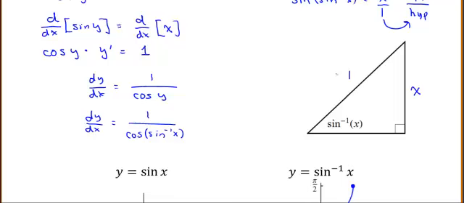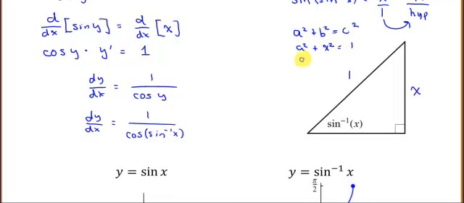Using the Pythagorean theorem, we could find the remaining side. Remember, a squared plus b squared equals c squared. a squared is what we're looking for, b squared is x squared, and c squared is 1 squared, or 1.